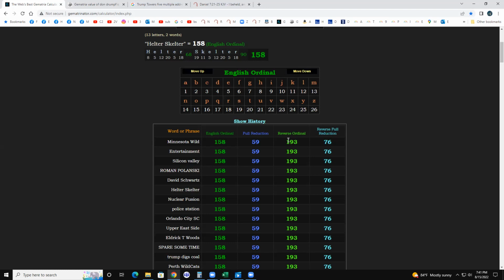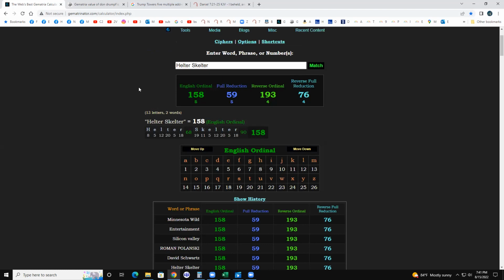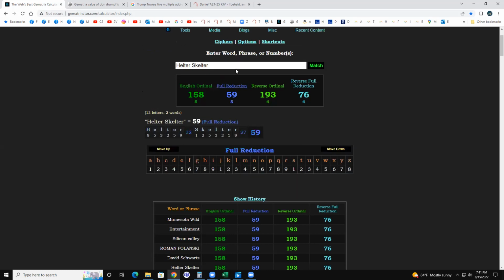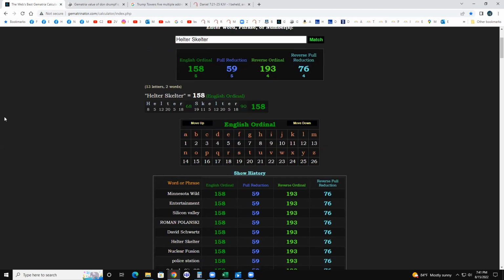It's Hollywood. It was faked. Roman Polanski comes up in all 4 base ciphers of Helter Skelter. See, that's their world. Their world is this gematria. And the Lord called it out and said it would be the number of a man. So, and by the way, the mark of the beast, it's a spiritual mark.